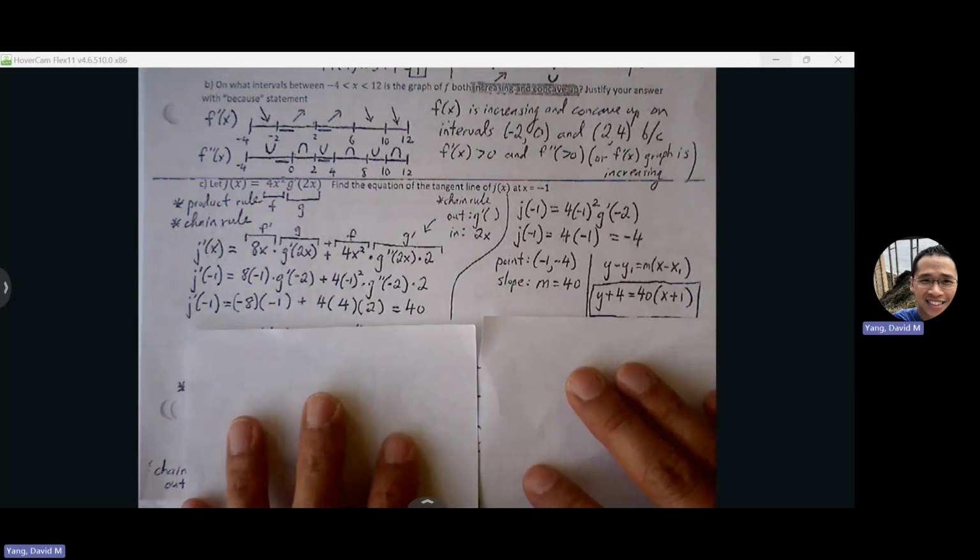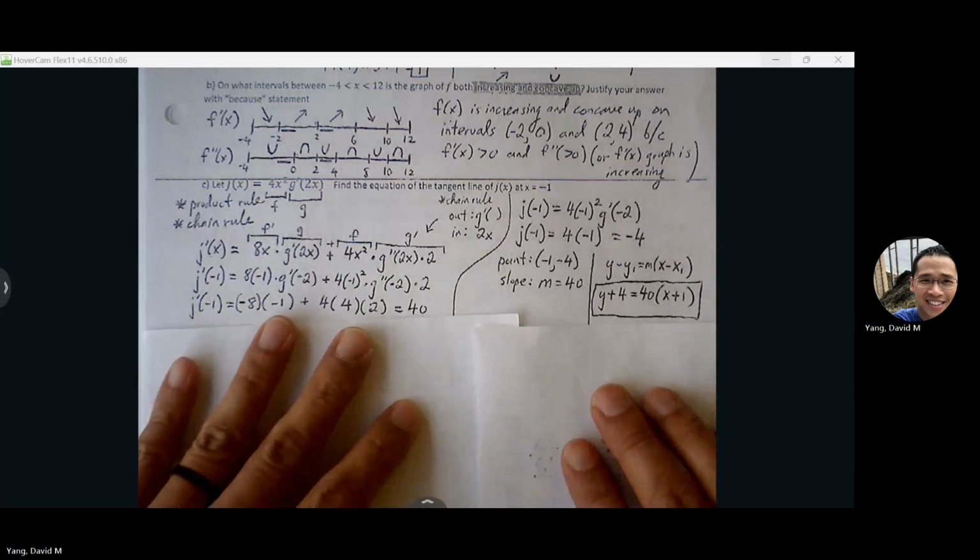You can find your ordered pair first, or you can find the derivative first. Either way, we know we have to eventually get to our ordered pair and our slope.